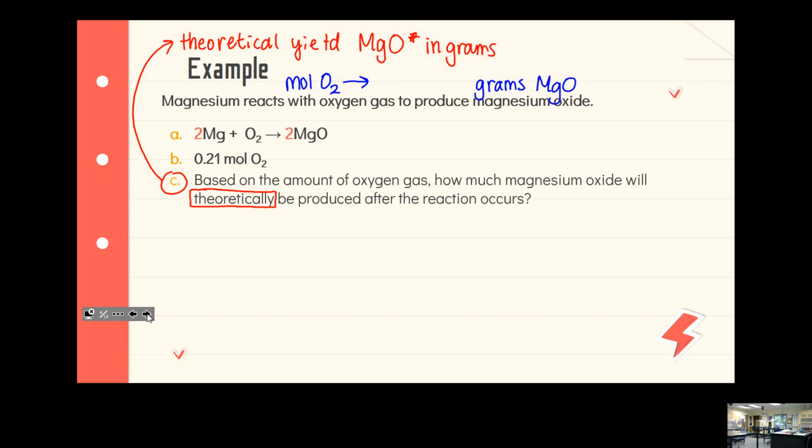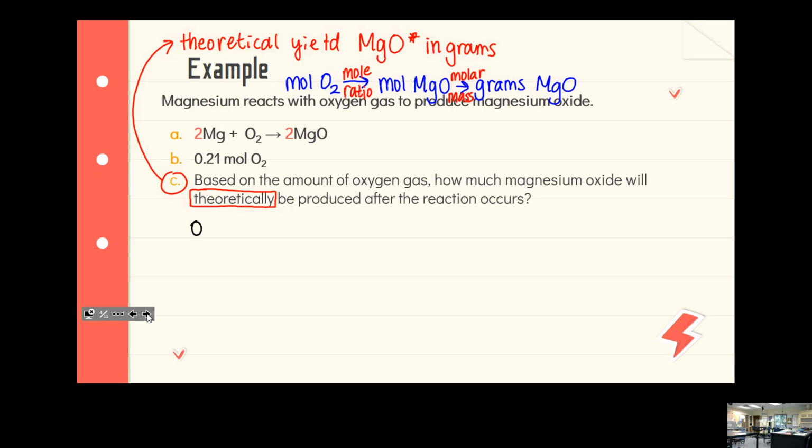In order to convert into grams of your product, you have to know the moles of it first. So my first step here is converting moles of oxygen to moles of magnesium oxide, and that's where we're going to use that mole ratio. Then when I go moles to grams, I'm going to utilize molar mass. Grams to moles or moles to grams, it's always molar mass.